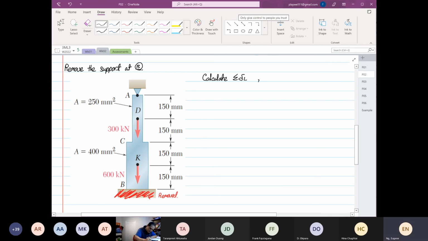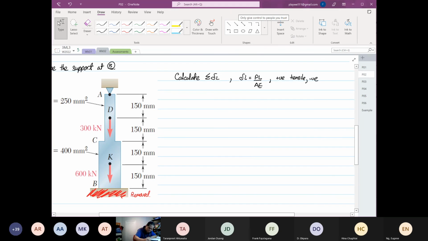The formula we're going to use is deflection equals PL over AE. We know positive is tensile, negative is compression.